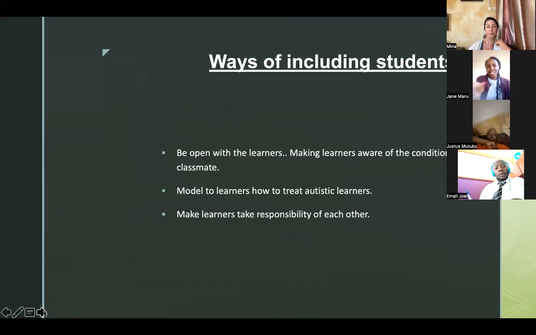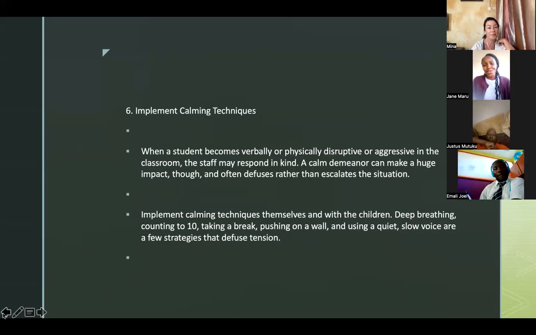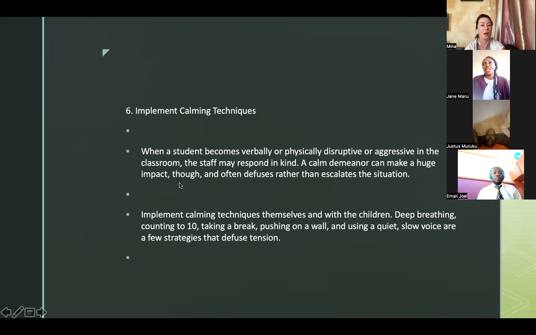So please, let's go back. Now, as a teacher, maybe we can have a few suggestions and see how you can include other learners. What are some of the ways you can have the other students be part of this classroom for the children with autism?